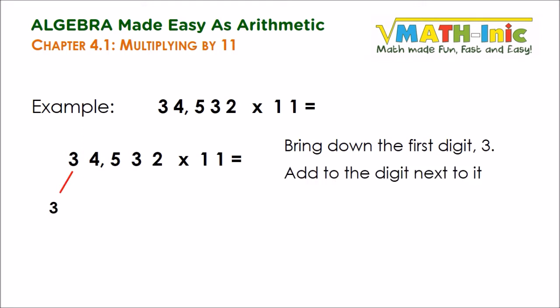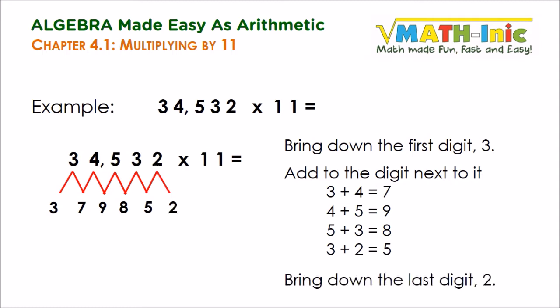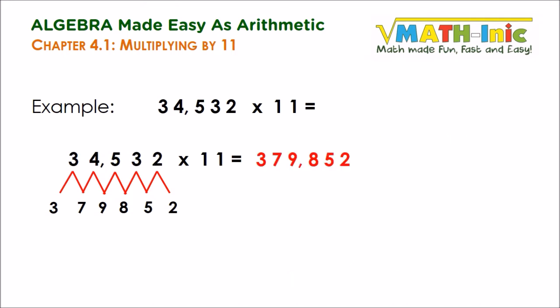Then we add it to the digit next to it. 3 plus 4 is 7. 4 plus 5 is 9. 5 plus 3 is 8. 3 plus 2 is 5. And then we bring down the last digit 2. 34,532 times 11 is equal to 379,852.